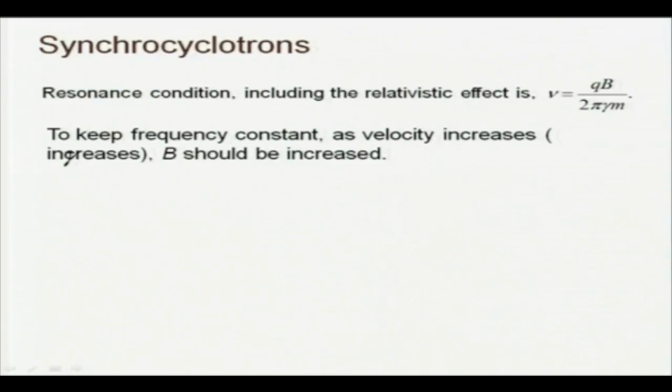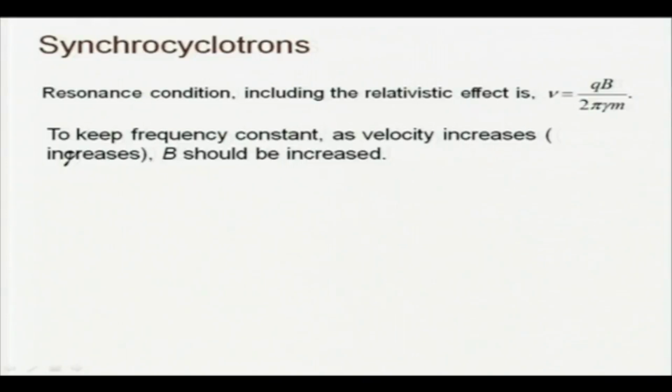But the resonance condition including the relativistic effect will now look like this: the resonance frequency is equal to q B, the magnetic field, divided by 2 pi gamma, the one which we just talked about, and the mass of the particle.